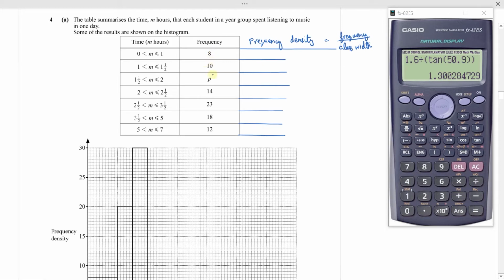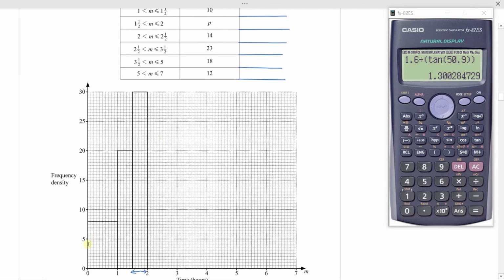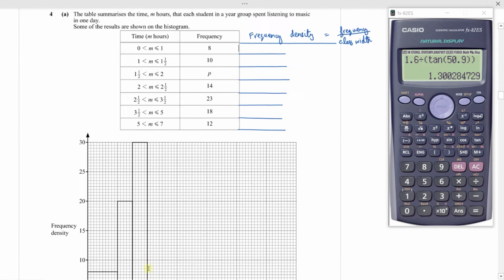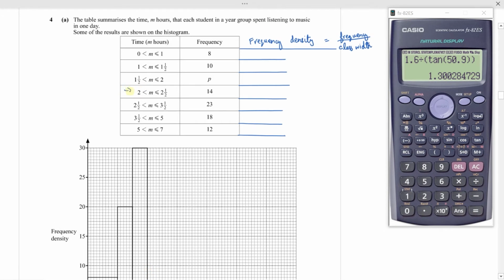We don't need to calculate the first three. They are already drawn, so you only have to worry about the classes above 2. I will start with this one. Your frequency is 14 divided by your class width, 2.5 minus 2, which is 0.5.